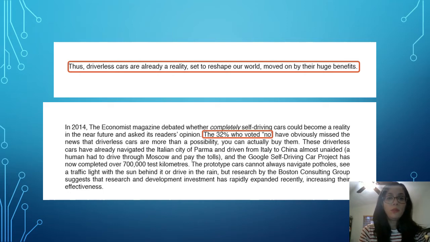So how do they refute this? They then go on to say that these people who voted no are not aware of the fact that driverless cars are more than a possibility. You can actually buy them. And then the author lists different examples of the Google self-driving car and this big study it did, and other prototype cars. So the fact that the author gave specific examples is a strength to their refutation.